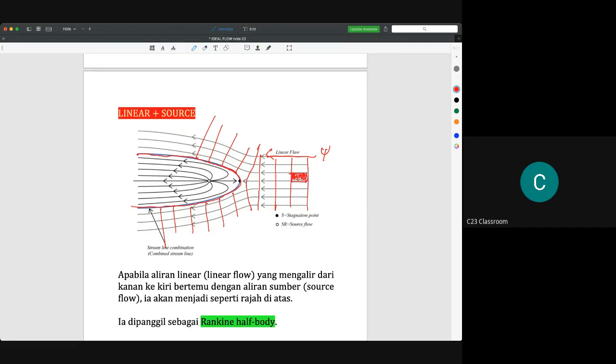And the mass can be estimated with a certain velocity because the velocity of the linear flow here is already known. So we could estimate what is the shape of the second step here. Because the mass is constant, according to the mass we could imagine the shape.